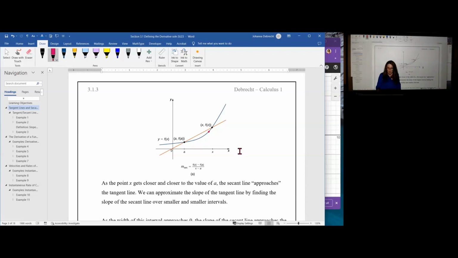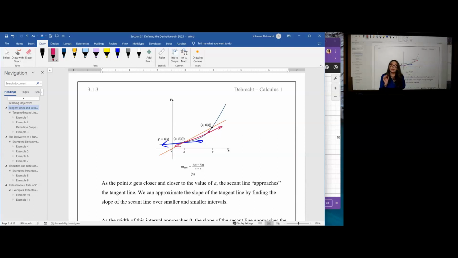Now, what if I were to take a point and I were interested in the slope of the tangent line right here at a? If I wanted to know the slope of that blue line, I could fix a so it didn't move, and I could take closer values to a than my original x.